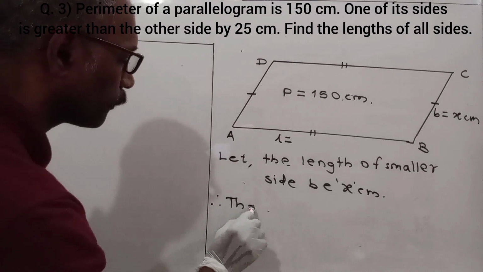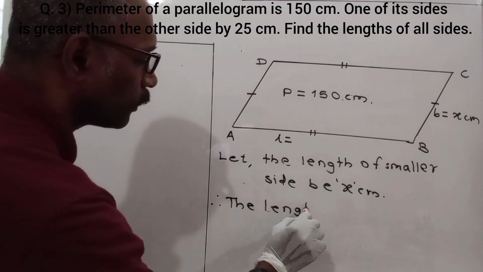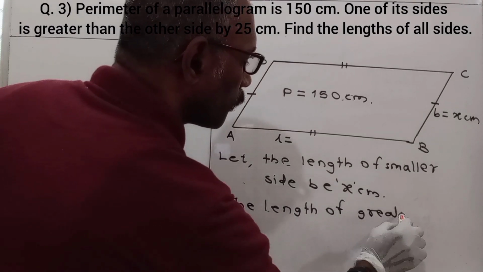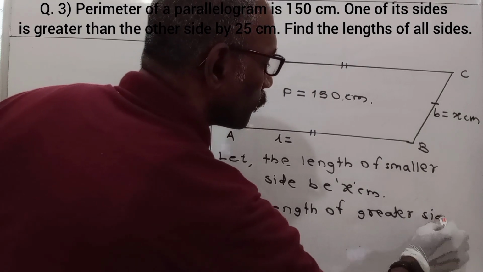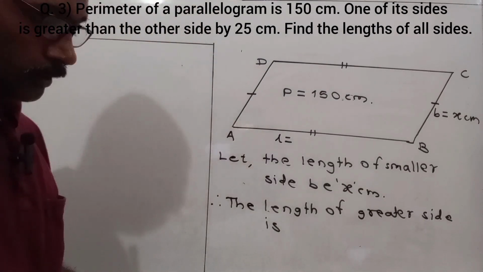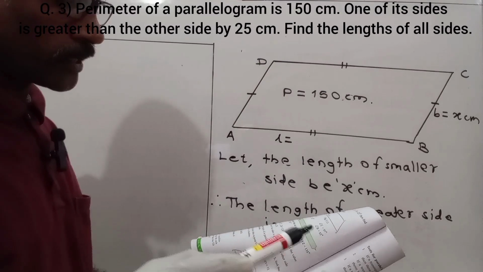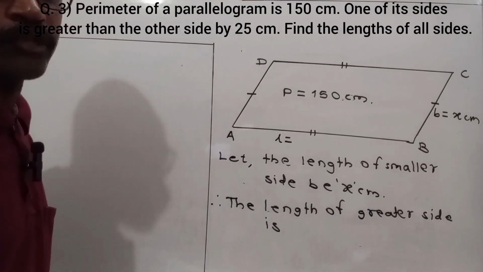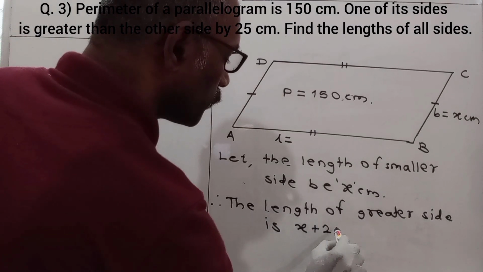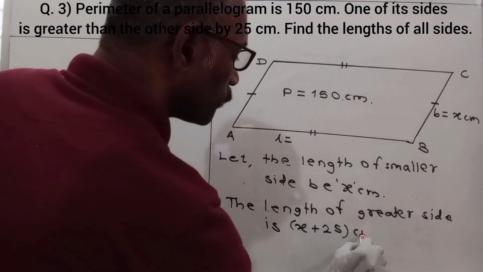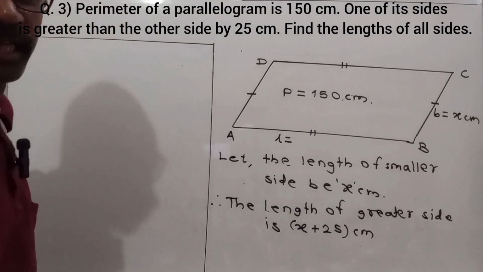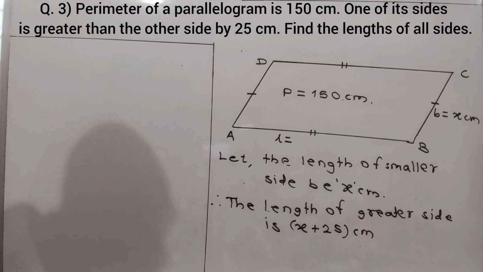Therefore, the length of greater side is, see here, one of each side is greater than the other side by 25 centimeter. Therefore, the length of greater side is x plus 25 centimeter. That is greater than this by 25 or bigger than this by 25. Did you get it? Yes.